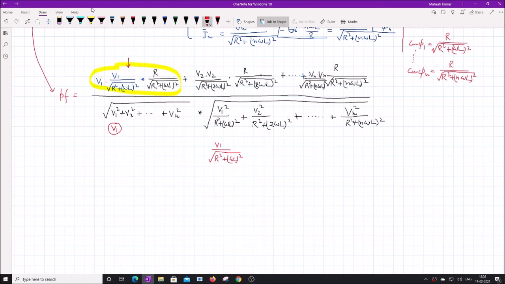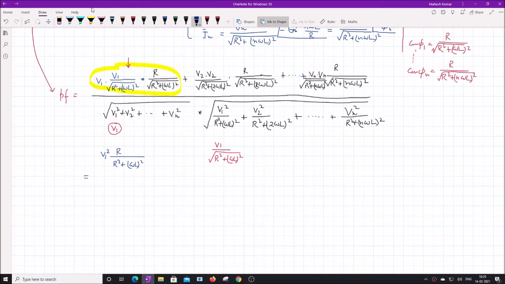Therefore, the numerator becomes like this: equal to V1 square is common and R is common by R square plus omega L square.